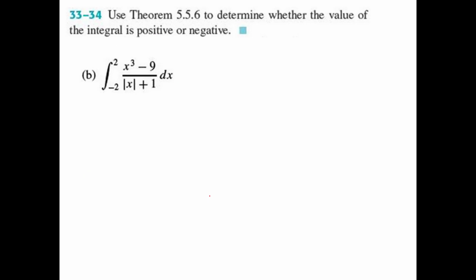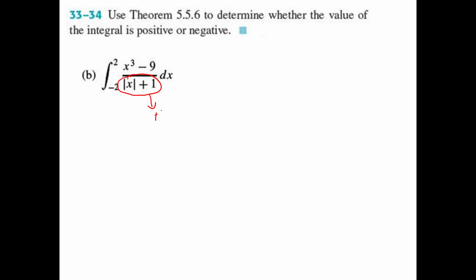Right? So use theorem 5.5.6 to determine whether the value of the integral is positive or negative. Right? So the denominator is the absolute value of x plus 1. That's always positive. But now you're only using numbers in between -2 and 2. So the furthest to the right you go is 2, and 8 minus 9 is negative.